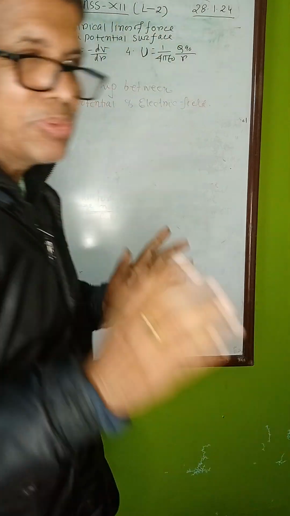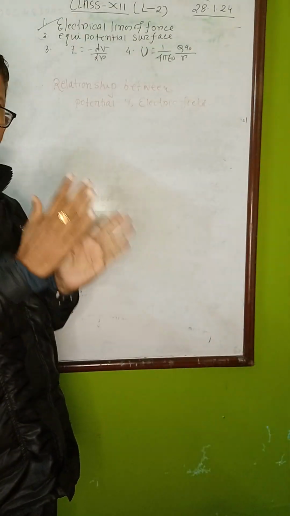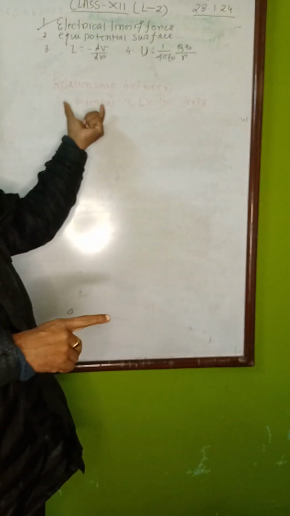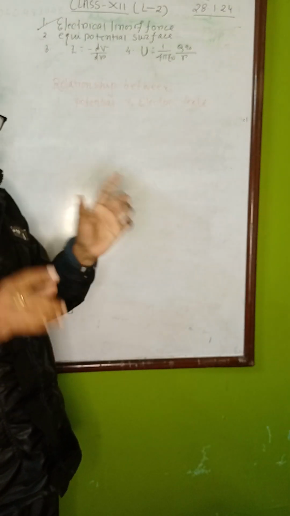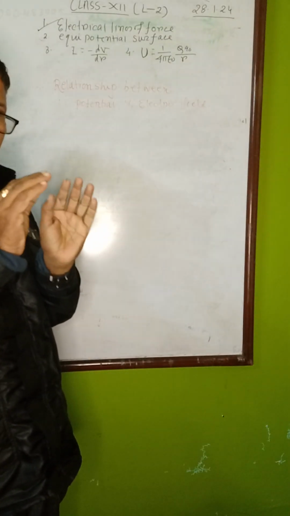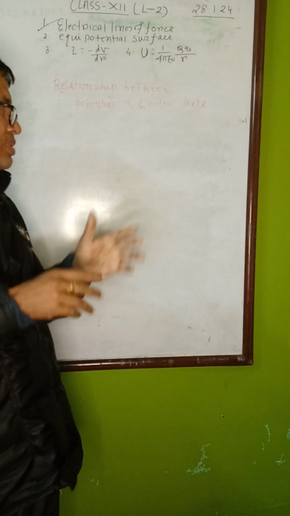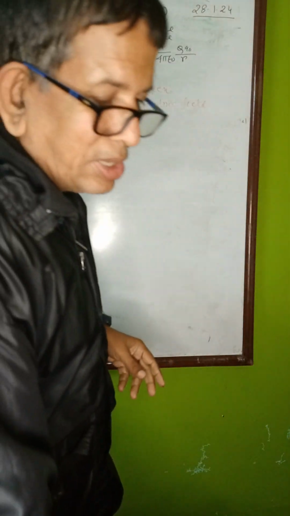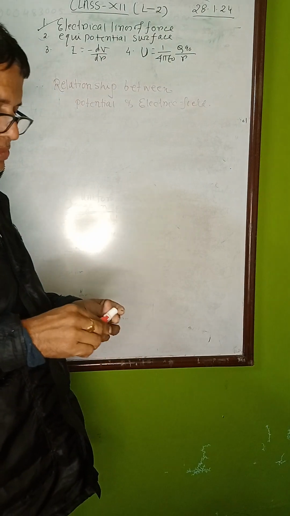That means two basic properties. One is electric field, electric intensity. The other is electric potential. Potential is a scalar quantity. So electric field is always defined by two physical quantities, one is the scalar, the other is a vector. There is a close relationship between electric field and potential.